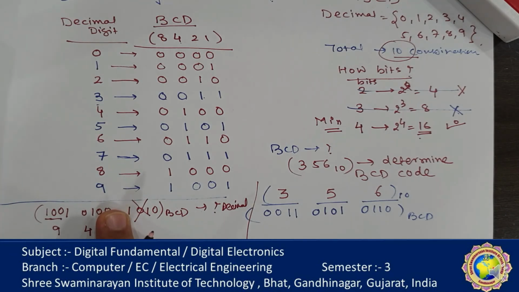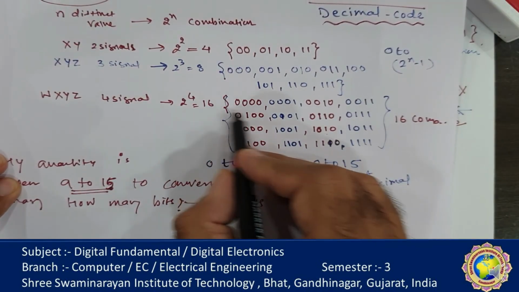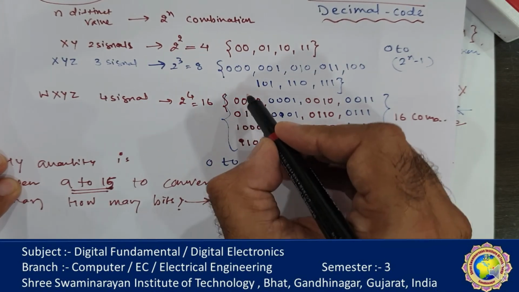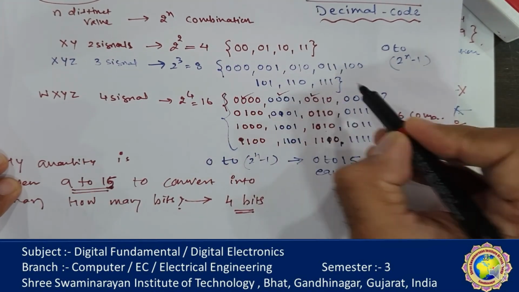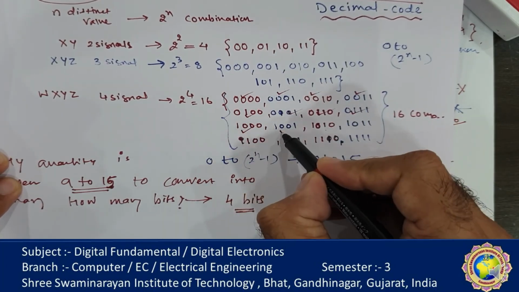Which are they? We have to see in this table and compare. Total 16 combinations are possible. So we use 1, 2, 3, 4, 5, 6, 7, 8, 9 and 10.